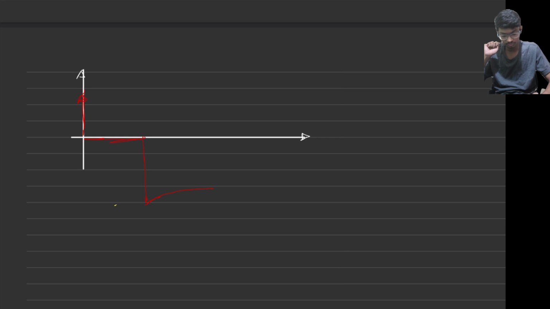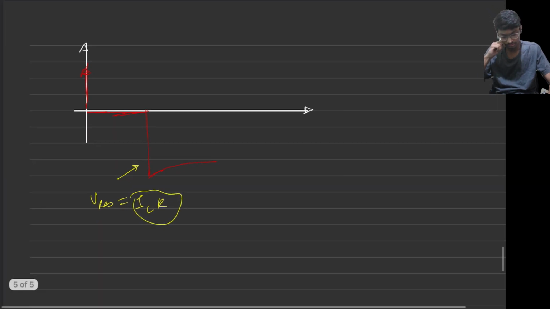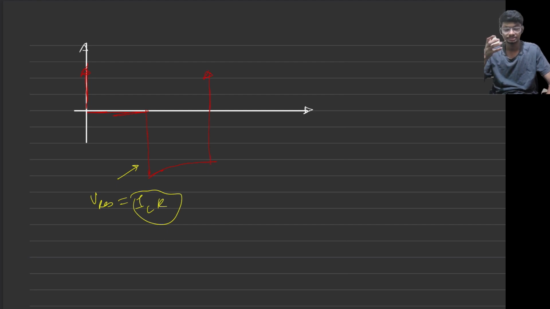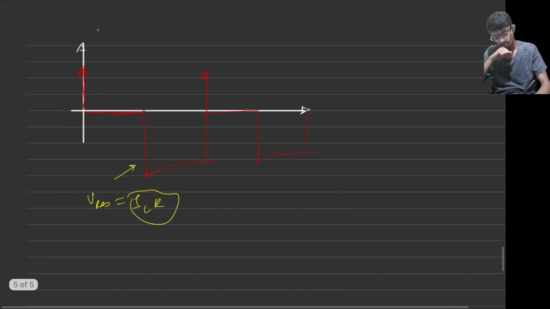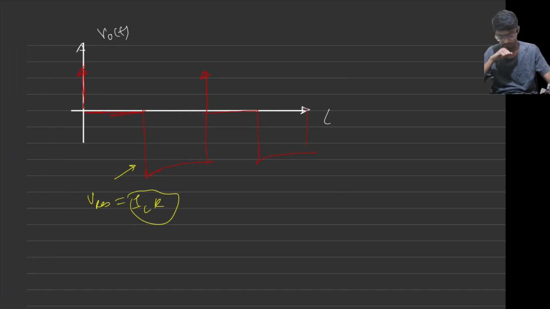This voltage is equal to the resistor voltage, IL into R, the resistor drop. It will then decay exponentially. Again, one impulse will come up, which will energize the inductor instantly. Then again we get 0 voltage, and this cycle will follow on. So this will be the output voltage waveform.